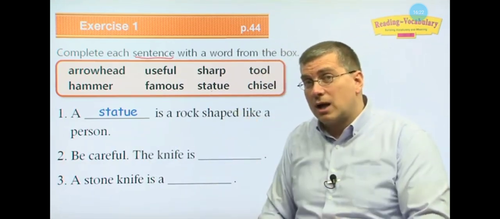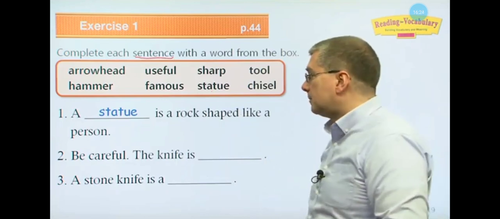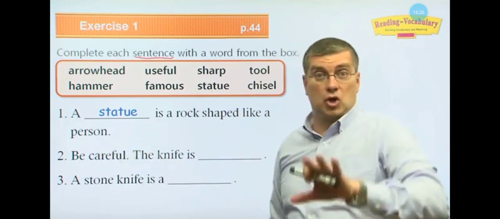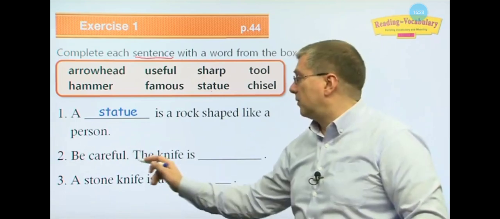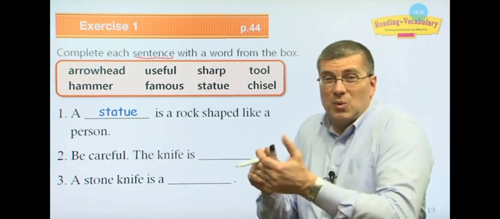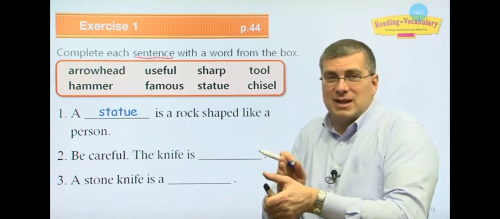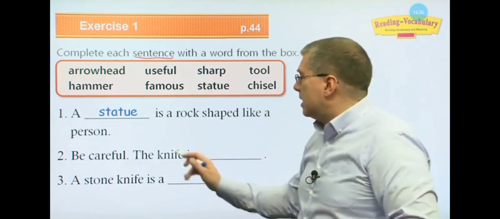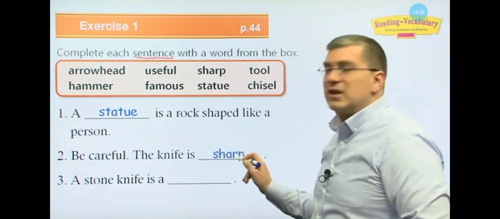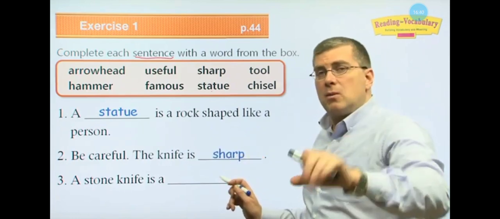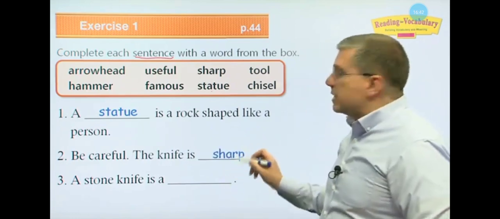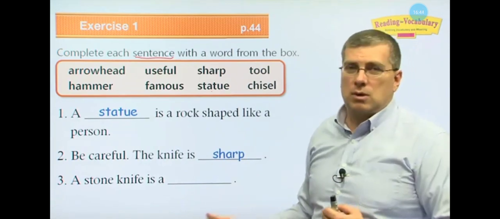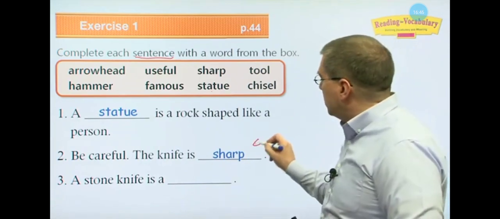Number two, be careful, the knife is what? The knife is very sharp. You can cut the skin very easily, so be careful. The knife is sharp. By the way, the opposite of sharp is dull.